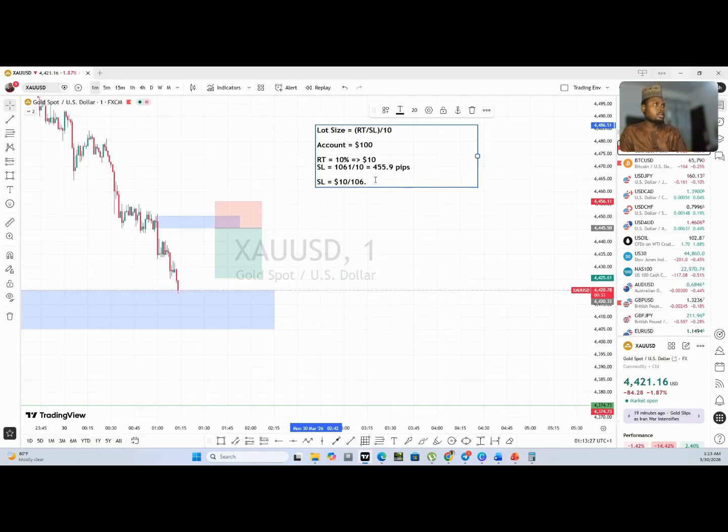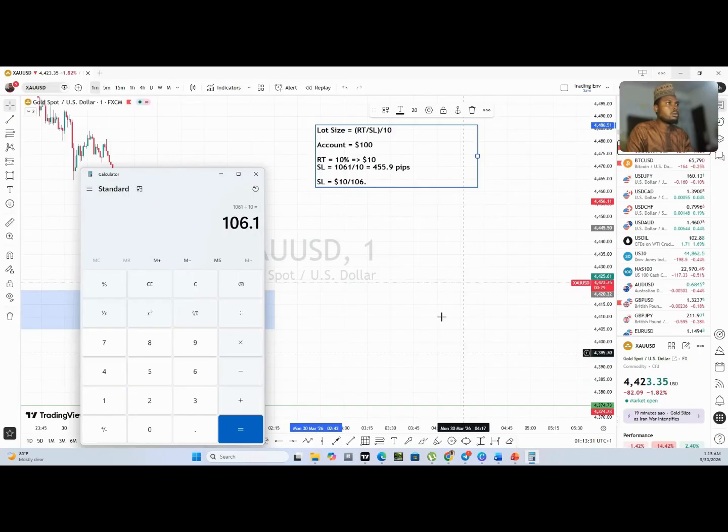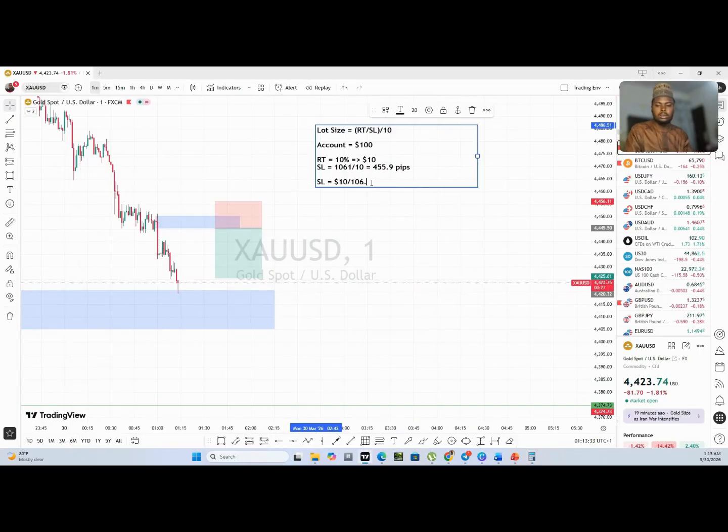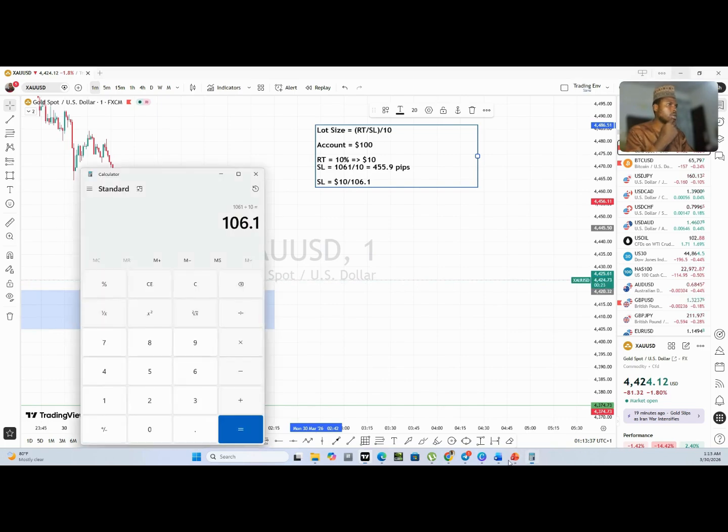So let's use our calculator again. Our $10 divided by 106.1, then divided by 10.